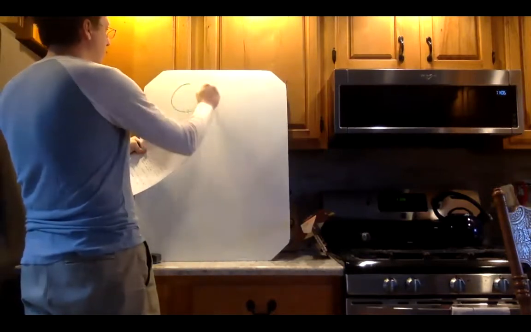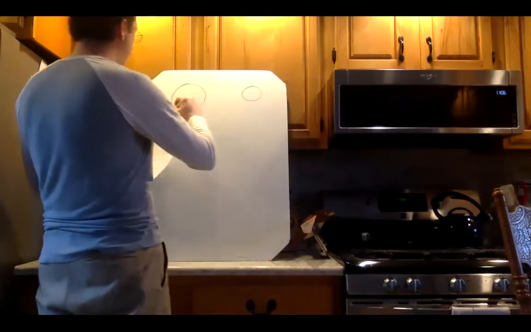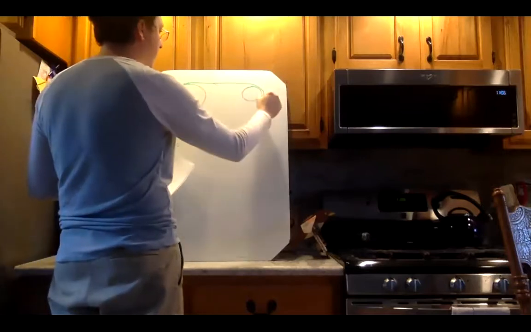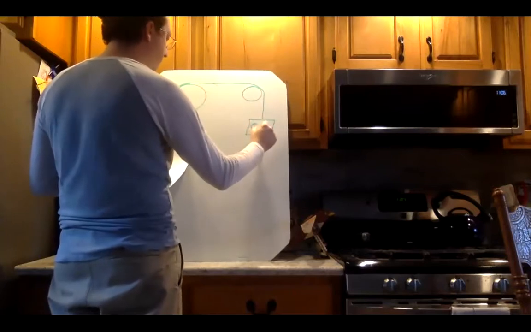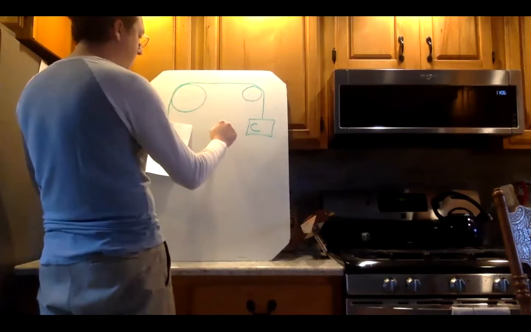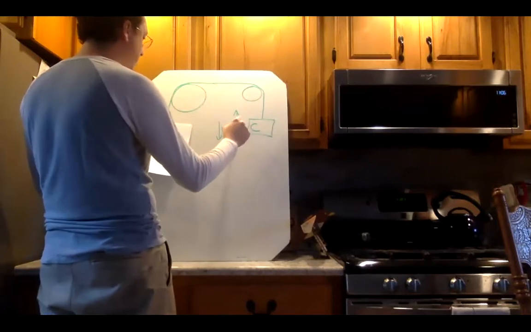There's a wheel here and another wheel here, and we've got a rope which goes over the top without slipping, and we have a block C, and we're given an initial velocity which is down, and we're given an acceleration of the block which is up.